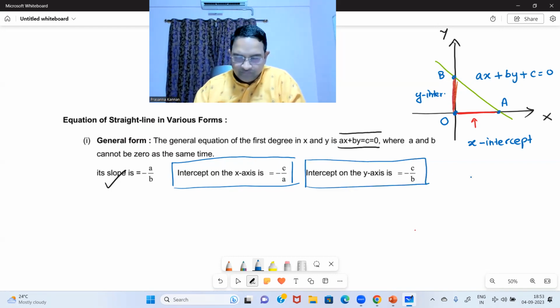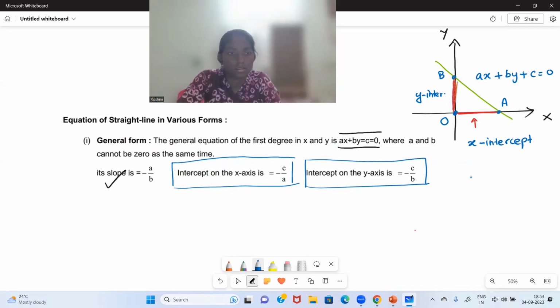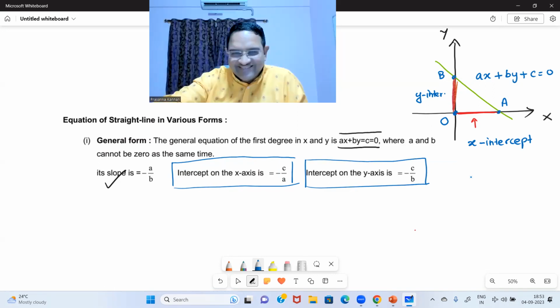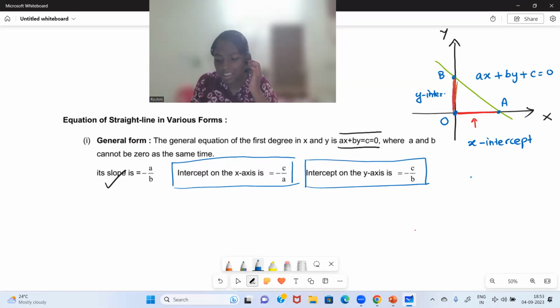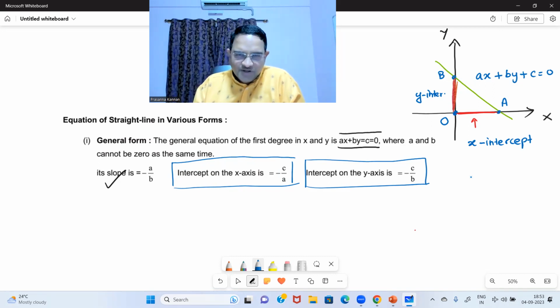Yes, sir. Can you tell me what it is, Roshni? The x-intercept is the distance between O and A, and the y-intercept is OB.